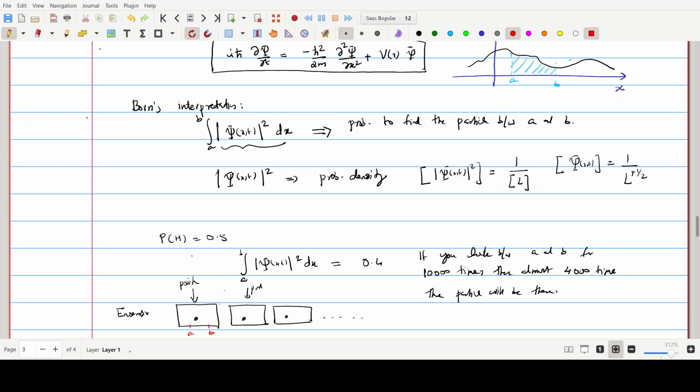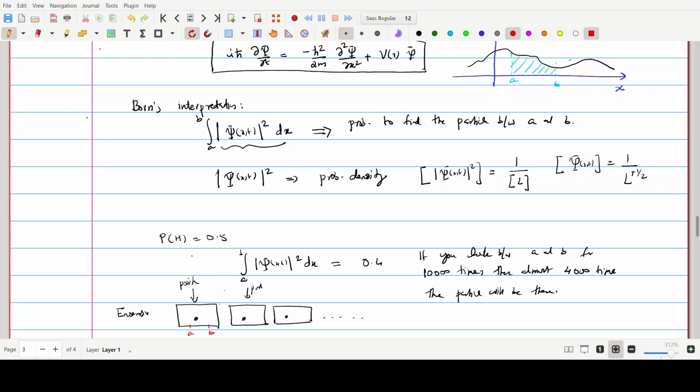The position of the particle can be easily found out by just taking its photograph and checking whether it is between A and B. So if you take a very large number of copies of the same system and measure, maybe 1,000 times, each system set up simultaneously, then in almost 40 percent of the measurements the result is between A and B. But we cannot say what the position will be in each measurement.